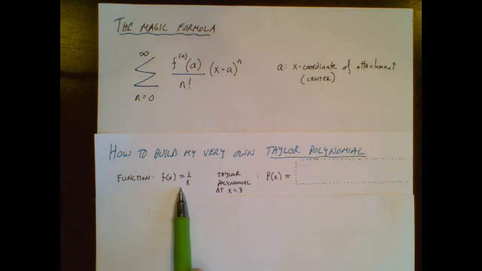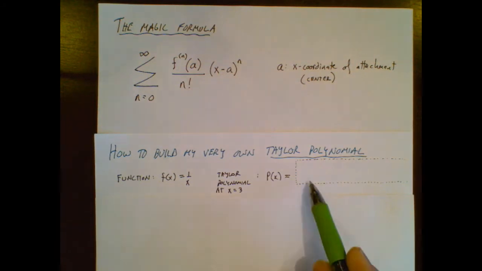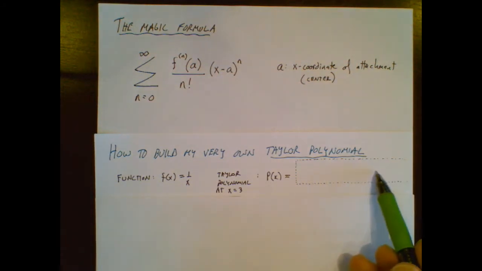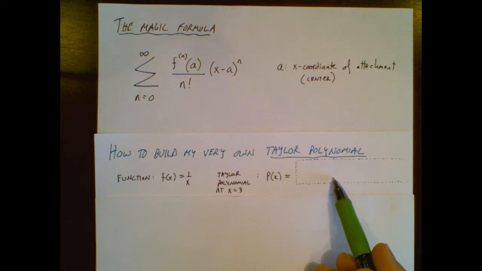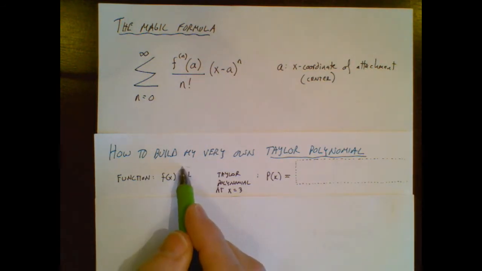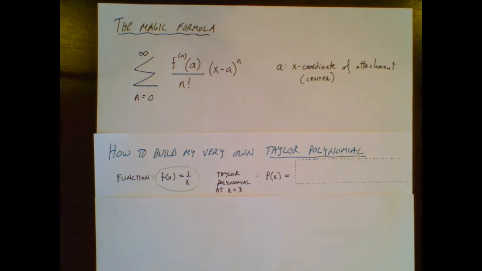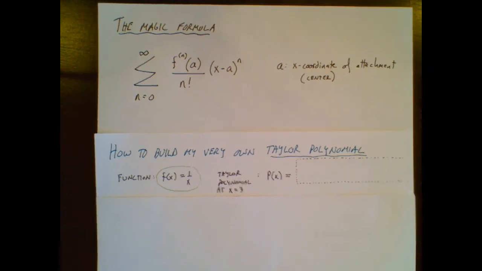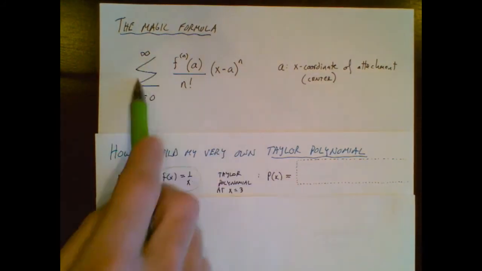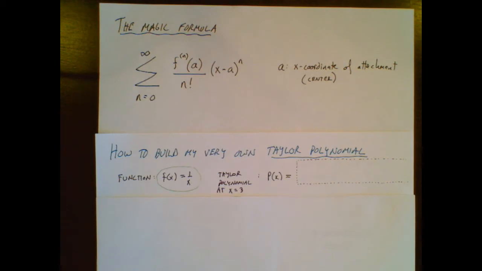The function we're going to use is 1 over x, and we're going to attach our Taylor polynomial at x equals 3. By the time we're done, we'll have a multi-term polynomial that will be a darn good approximation for that function. Along the way, we're going to be using this formula.